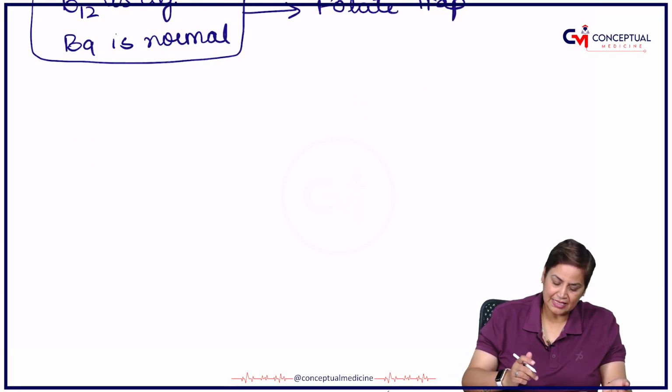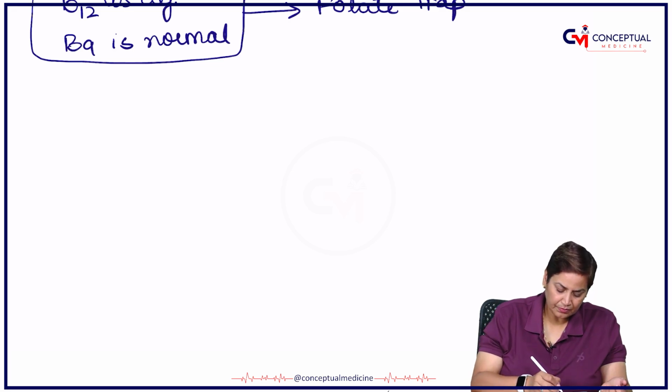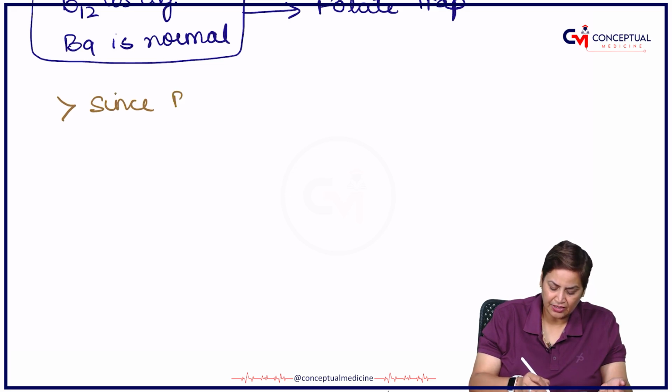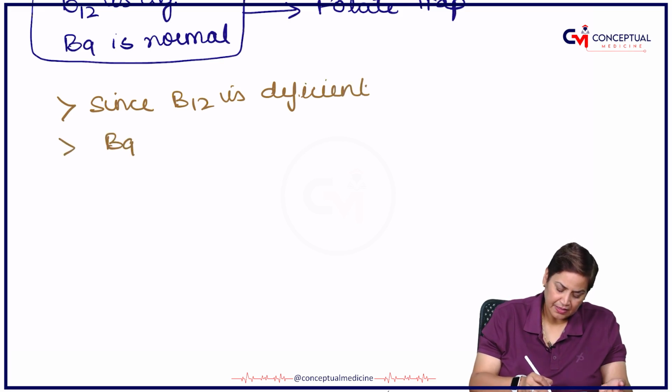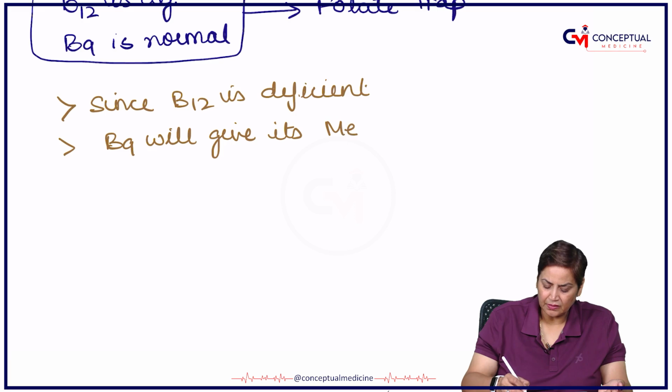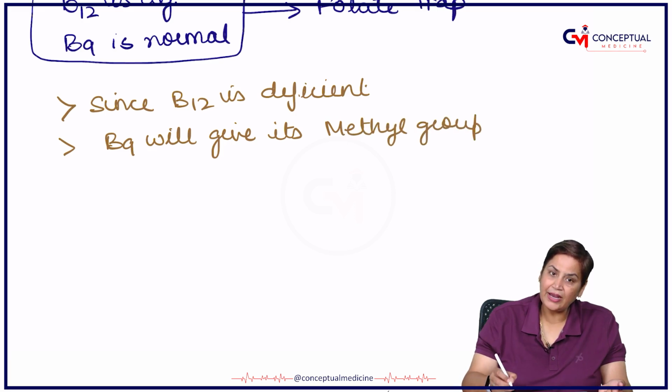So I can simply say that since B12 is deficient, B9 will give its methyl group, right?